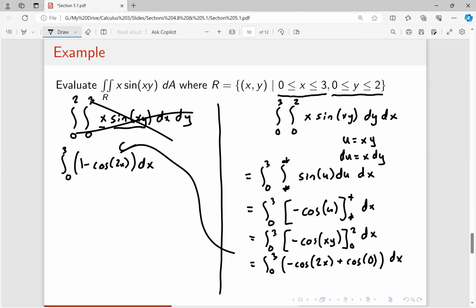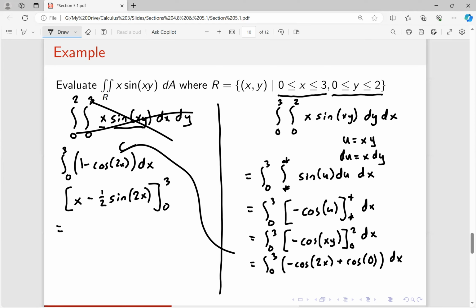Well, in that case, I can integrate again, with regard to x. Integrating 1 with regard to x is x. And the integral of cosine 2x is 1/2 sine of 2x, so we subtract that, from 0 to 3.